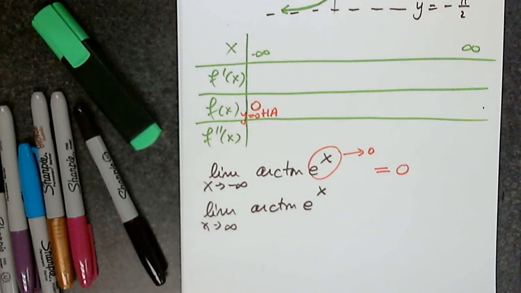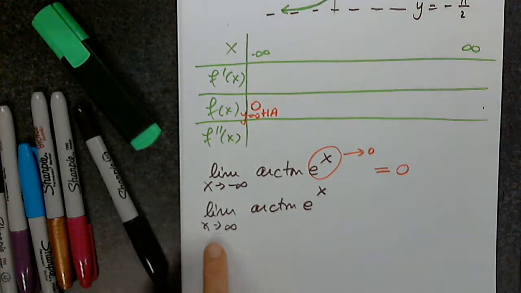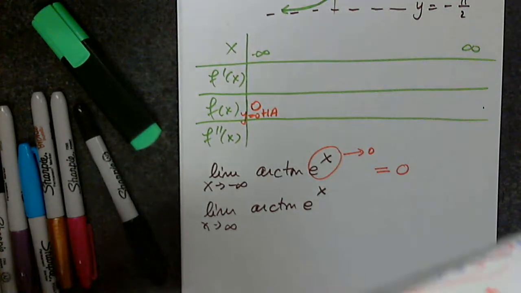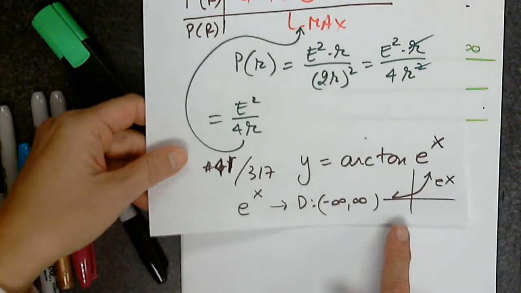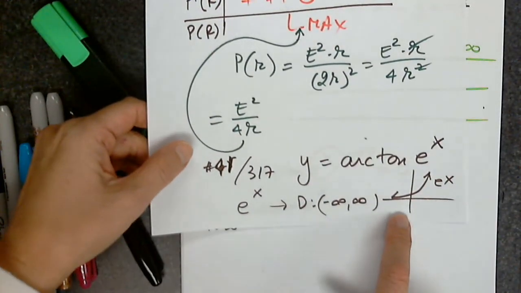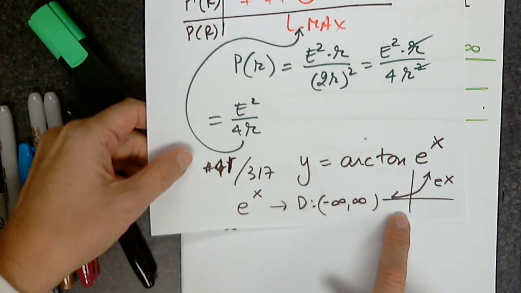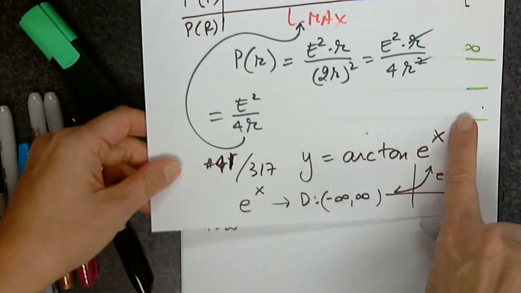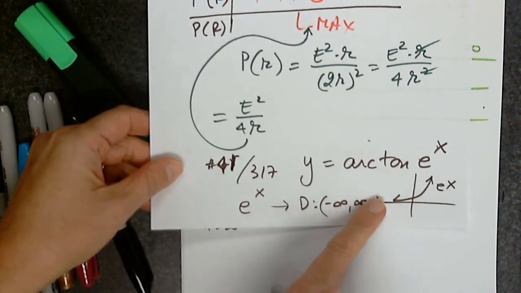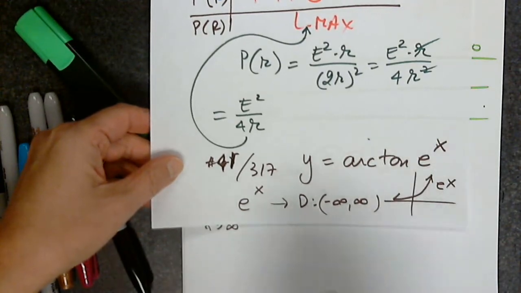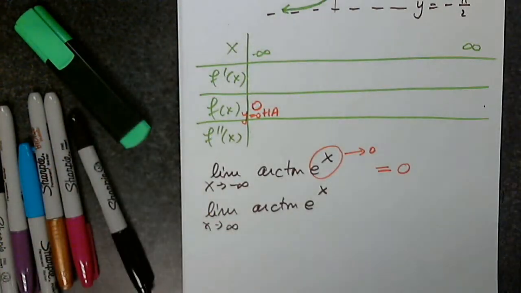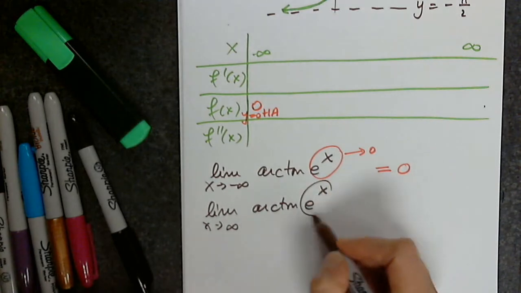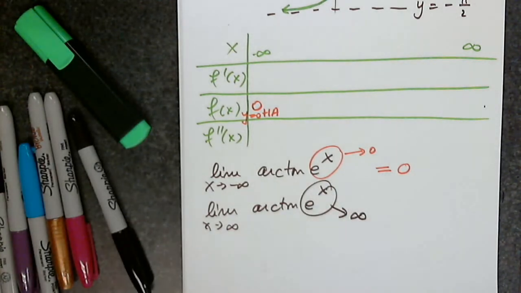Again, I have to start from the inside, e to the x. I look at the graph again. When x approaches infinity, e to the x approaches infinity. Agreed? Okay. So then I will say that this approaches infinity.